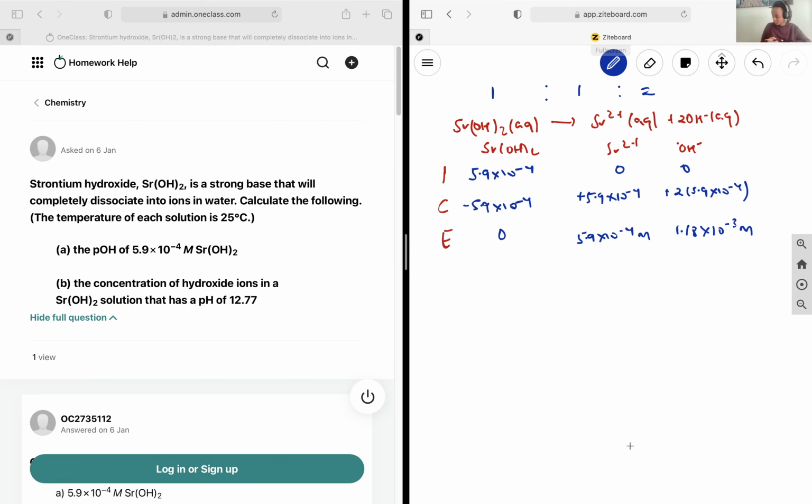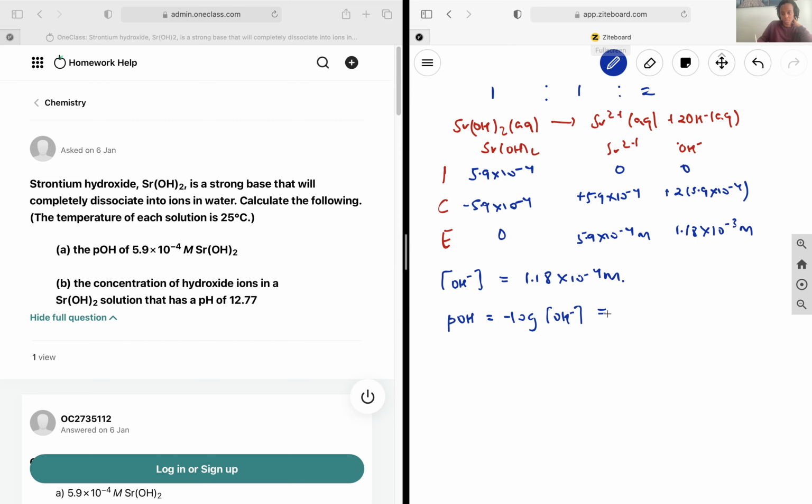Okay. And so we know that the concentration of hydroxide ions at equilibrium is going to be 1.18 by 10 to the negative 3 molar. We also know that pOH is going to be the negative logarithm of this.